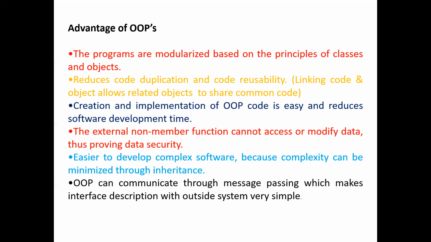That makes interface description with outside systems very simple. While writing, you can write only one thing, that object-oriented programming can communicate through message passing. That is enough from the marks point of view. So these are the advantages of OOPs.